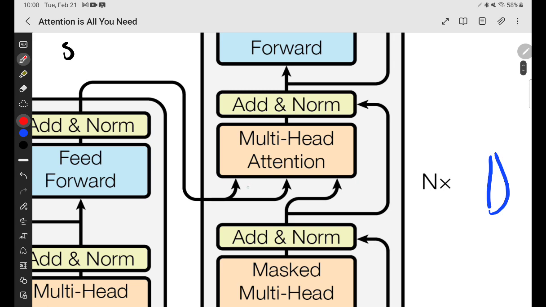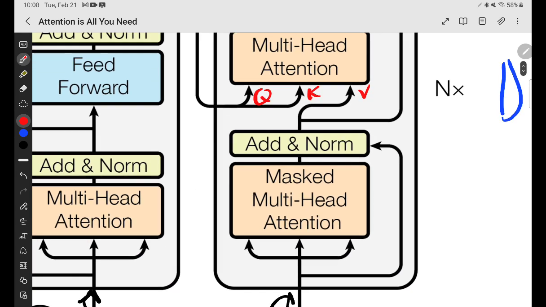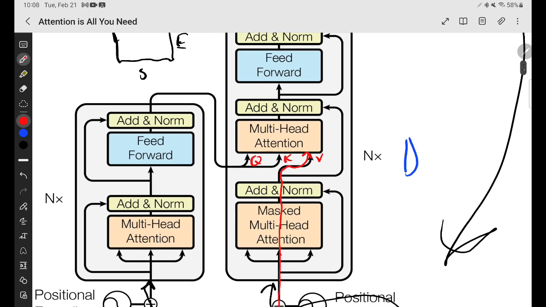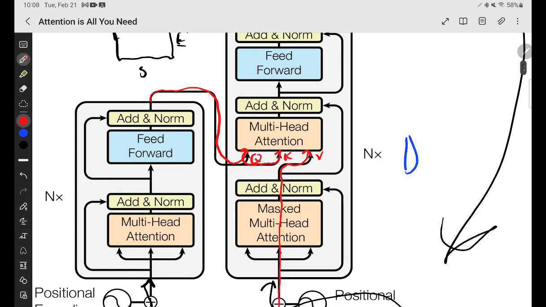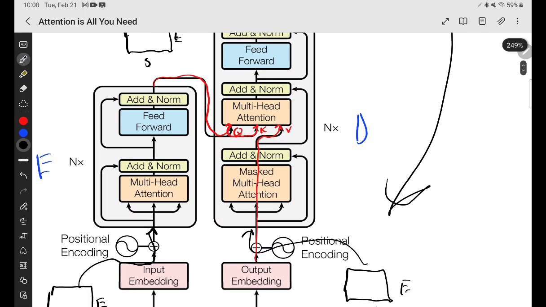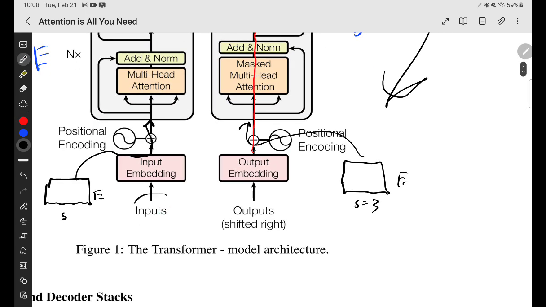Here, on the other hand, it's query key value, where the value is coming from the decoded sequence, the Spanish sequence, and the queries and keys are coming from the hidden representation. So this is a way of mixing information between the inputs and the outputs.